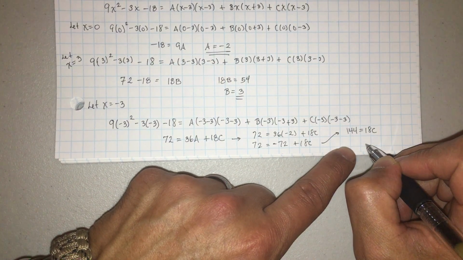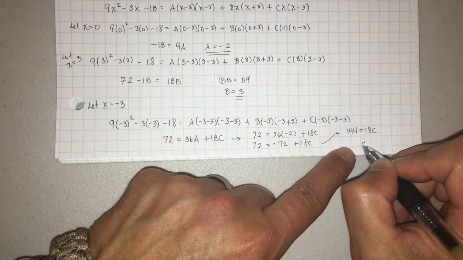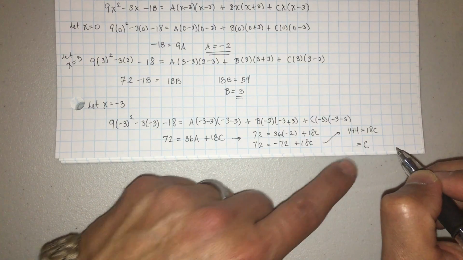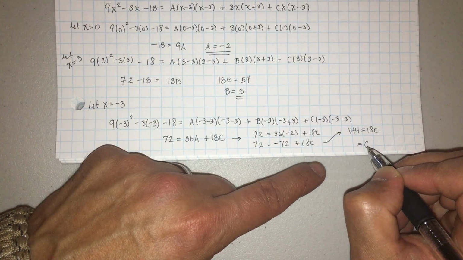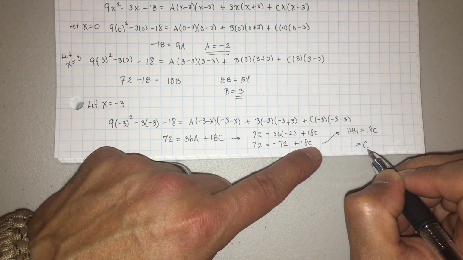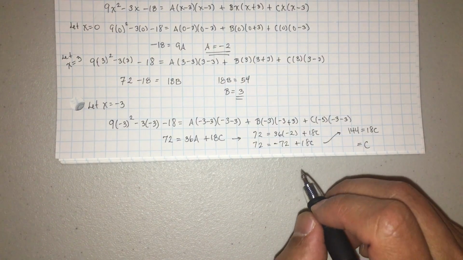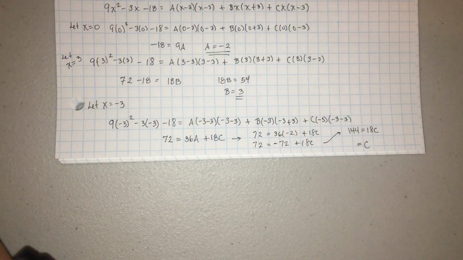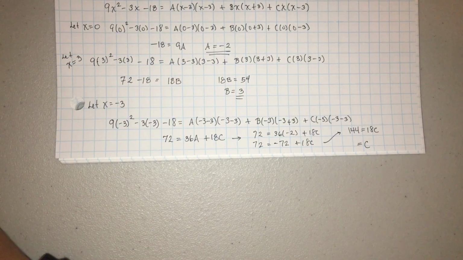All right, divide both sides by 18. And c is equal to, what is that? My math escapes me.